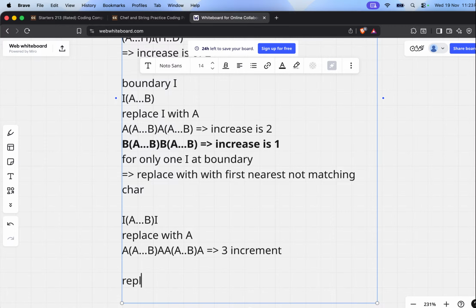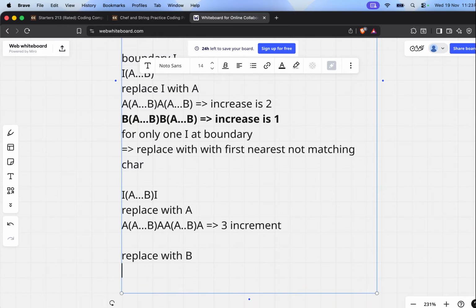What if we replace with B? This transforms to B, then some ABs, then BB, then A, B, and again A. So here 1 increase, 2 increase, and 3 increase. Okay, the condition is the same.